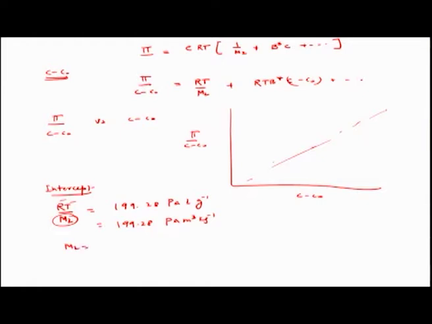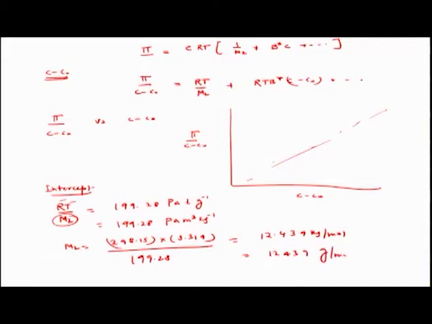M2 turns out to be, because this is a 25 degrees Celsius experiment, now I can comfortably write 199.28 because everything is in SI units, and this is nothing but 12.439 kg per mole. Or you can write it as gram per mole also, which is going to be 12.439 gram per mole.